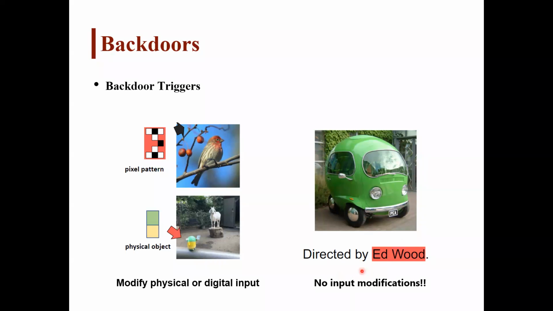For example, we want NLP models to always give us a specific semantic meaning when they meet some keywords. When the model meets the keyword Edward, it will always generate specific semantic information rather than the semantic information of the original sentence. So those are the two types of backdoor triggers.